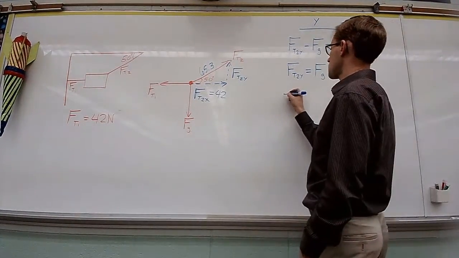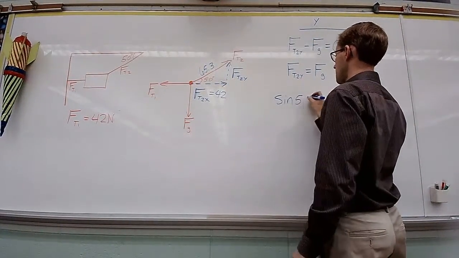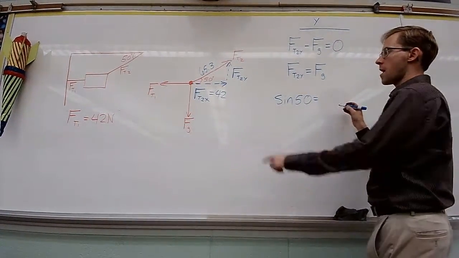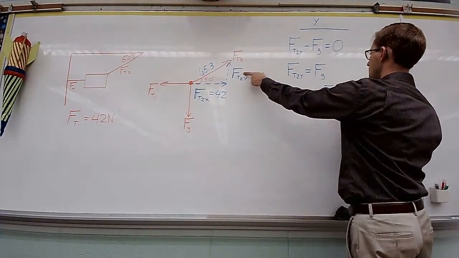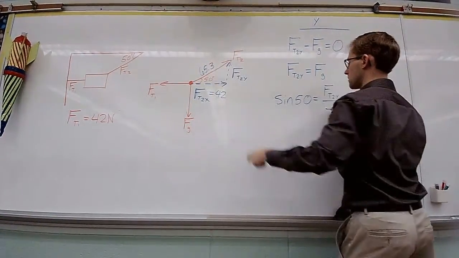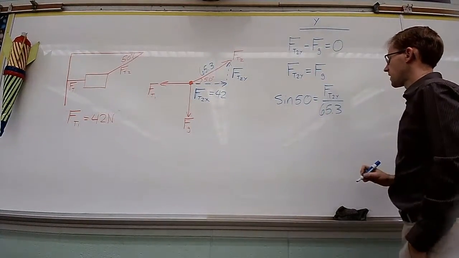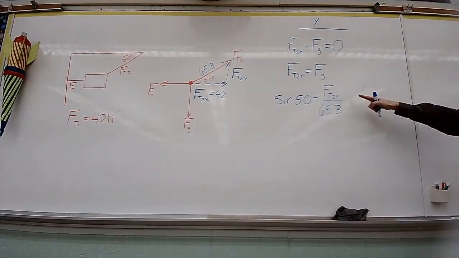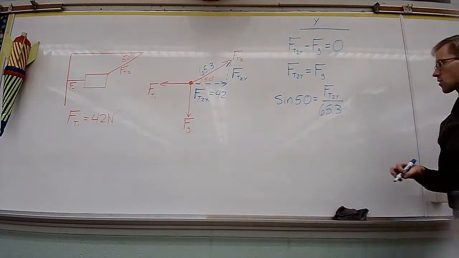So if I want to use sine, it would be the sine of 50 is equal to opposite, which is Ft2y, over the hypotenuse, 65.3. And I can use this equation to solve for Ft2y then. And you do that by multiplying both sides by 65.3.